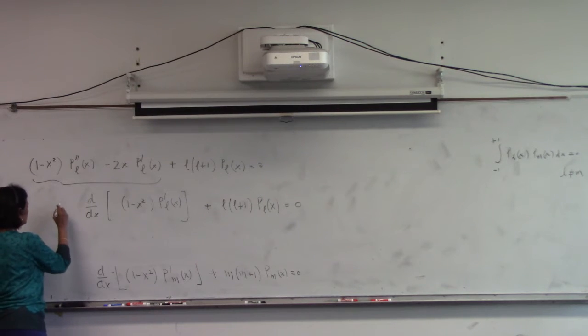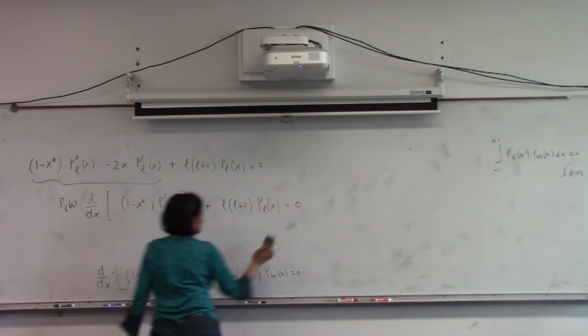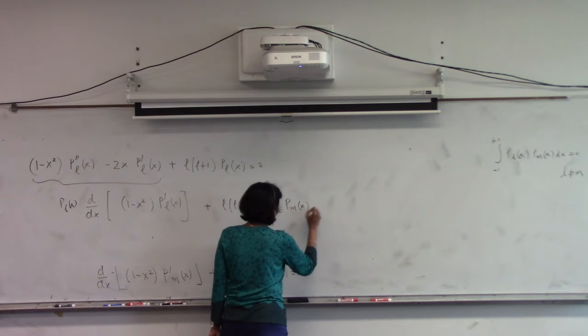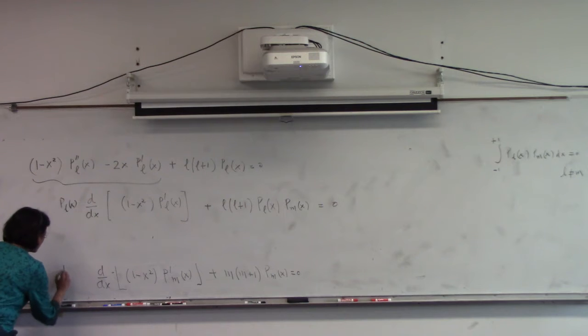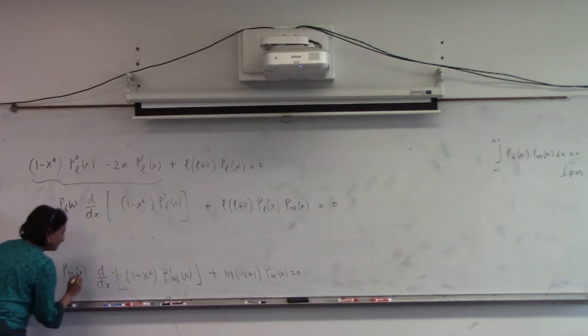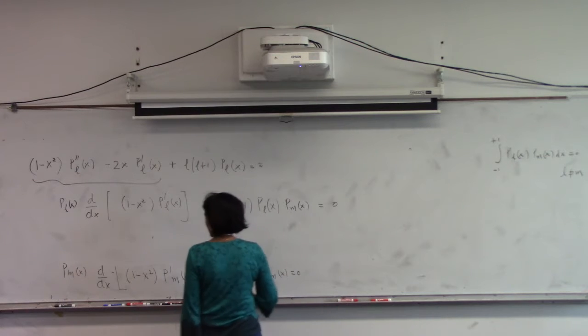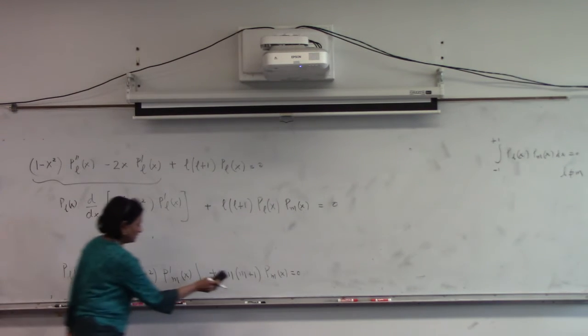Okay. I can multiply this by PM(x). Is it PM or PL? I should multiply that by PL(x), because I want PL(x).